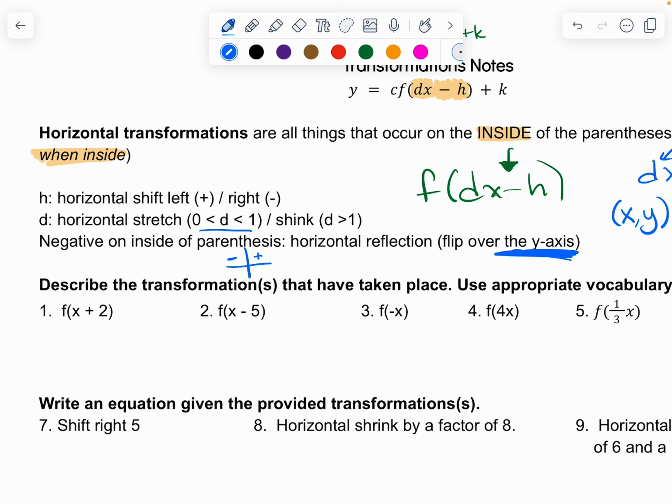Okay, so this has addition inside. Anytime you're talking about addition or subtraction, add or subtract, you're talking about a horizontal shift. Anything on the inside of the parentheses, if it is addition or subtraction, then it is going to be a horizontal shift.